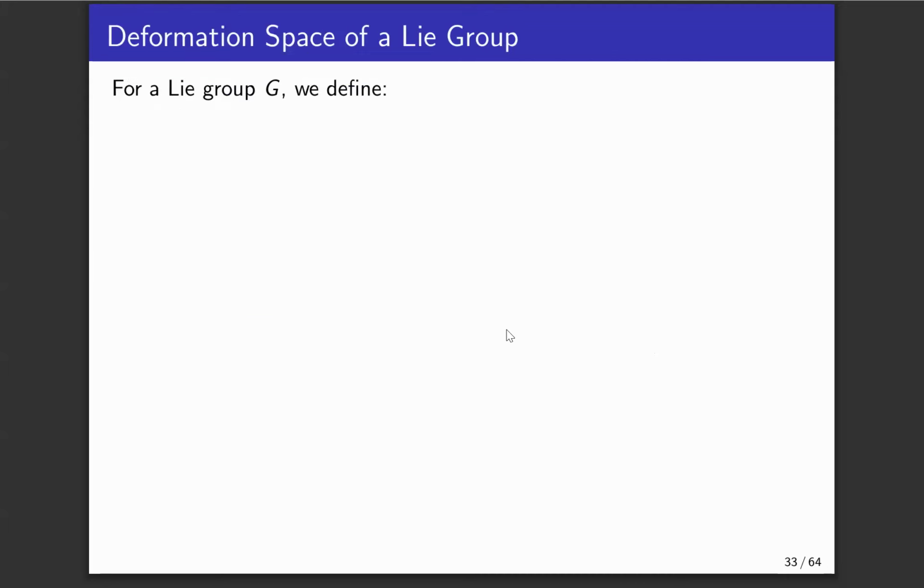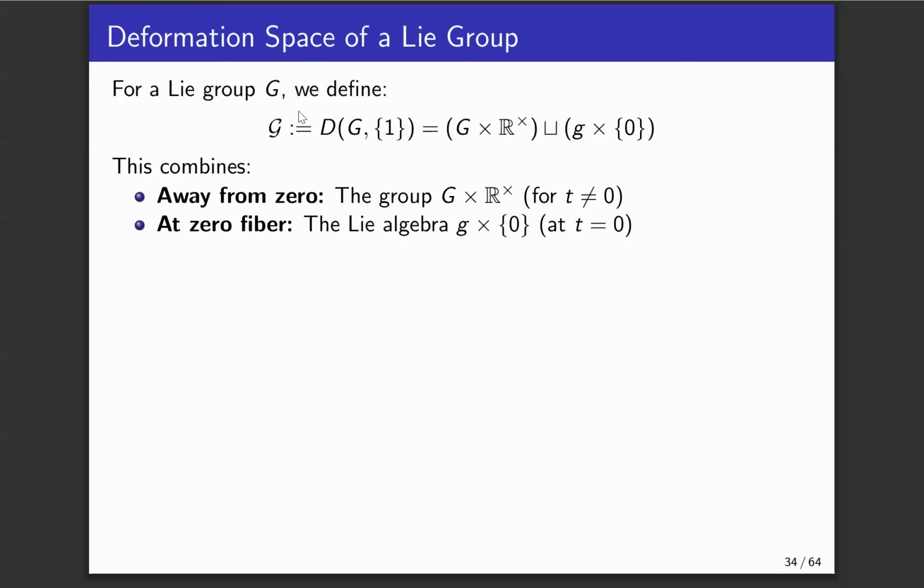Then let's discuss maybe one of the important constructions of our Hamiltonian deformation, known as the deformation space of a Lie group. So we have a Lie group G, and then we define these spaces, what we call the deformation space of G. Then the philosophy is simple.